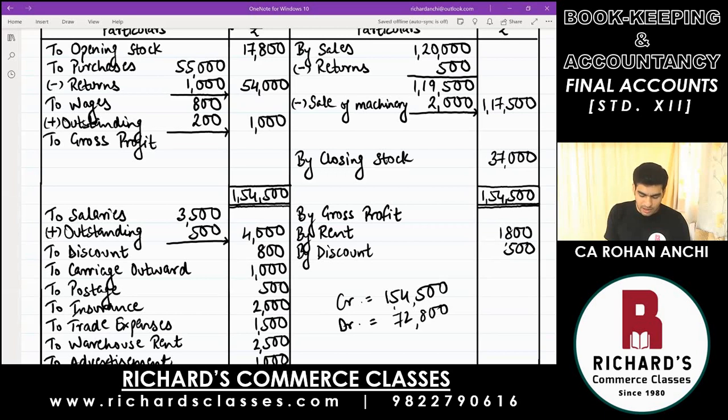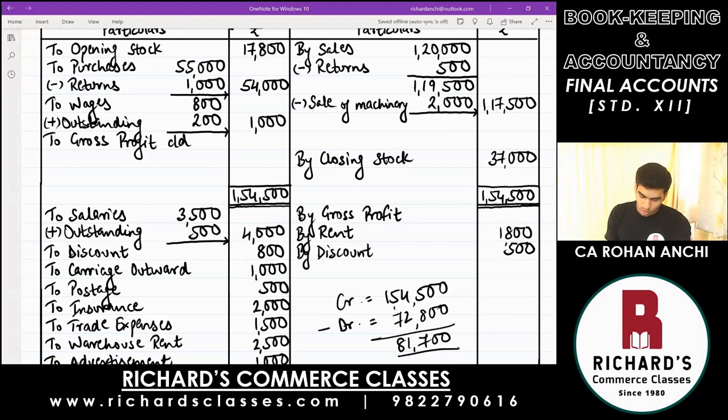To gross profit carried down. To find out, deduct the debit total from the credit. How much is that? 81,700. Okay. That is your gross profit.